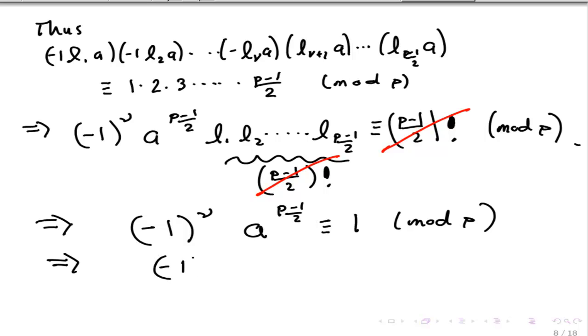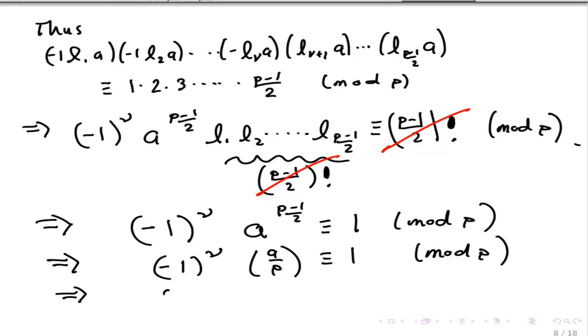So you get (-1)^ν times the Legendre symbol is 1. And since this value is plus 1 or negative 1, I can just put it onto the other side, and I would get (a/p) is congruent to (-1)^ν mod p. QED. So we have a formula for evaluating the Legendre symbol using the value ν.